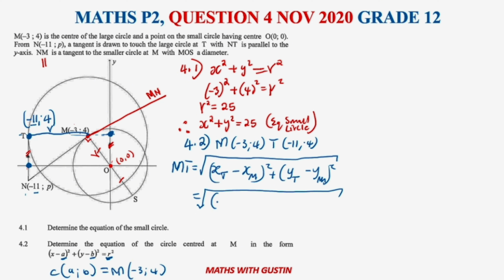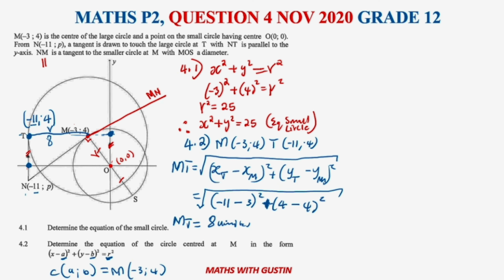If you're not following, please let me know. -11 minus -3, these are our x values, plus our y values, given by 4 minus 4 all squared. Therefore mt, which is our radius for the bigger circle, if we punch this into our calculator, let me see how much I'm getting. I am therefore getting 8 units. It's our radius, so it's going to give us 8 units there.